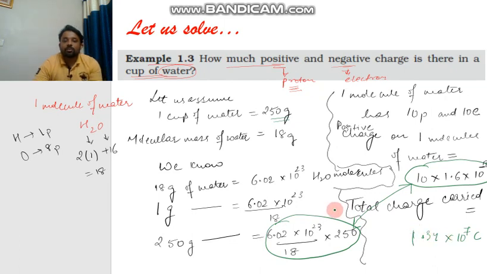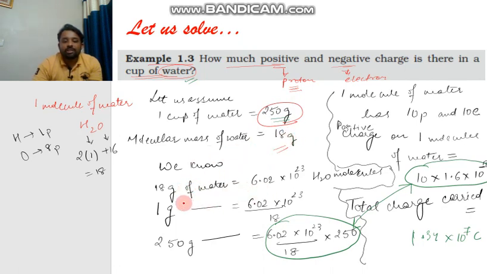As water is a neutral compound, as I have already said, the total charge will balance out each other. So I hope it is clear. I'll go through it once more. The question is, how much positive and negative charge is there in a cup of water? So firstly, we will find out how many molecules of water there are in a cup of water. We have assumed that a cup of water contains 250 gram of water, and we know that the molecular mass of water is 18 gram.